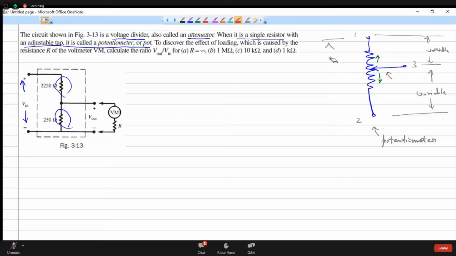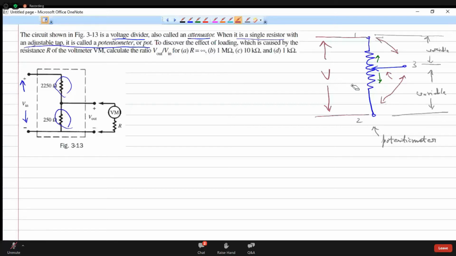If I apply some voltage V across this resistor, then between 1 and 3 and between 3 and 2, I will get variable voltages, which will be divided in a particular ratio equivalent to the resistance between 1 and 3 and between 2 and 3. That is the meaning of that.